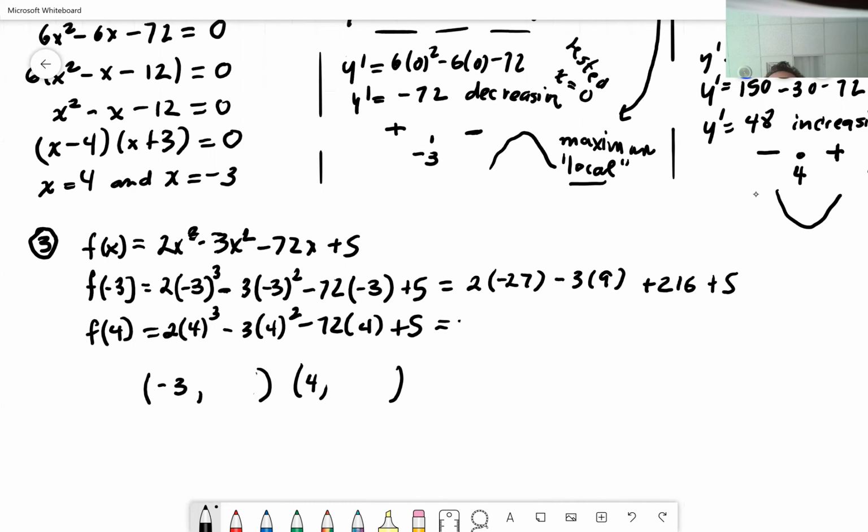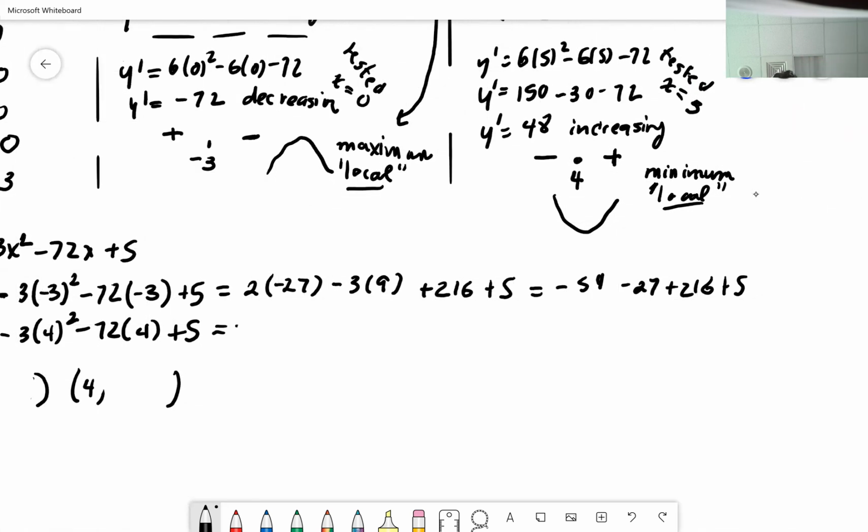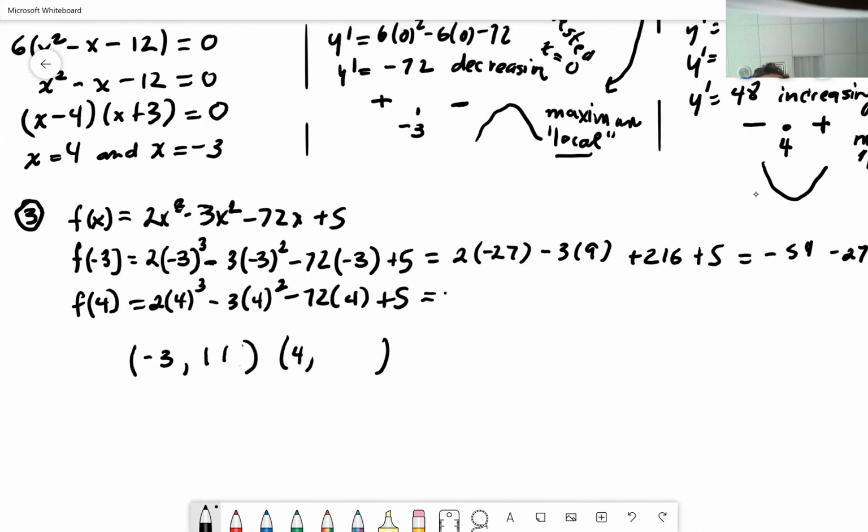And so negative 27 times 2 is negative 54. So we have negative 54 minus 27 plus 216 plus 5. That's 140. So we have 140.